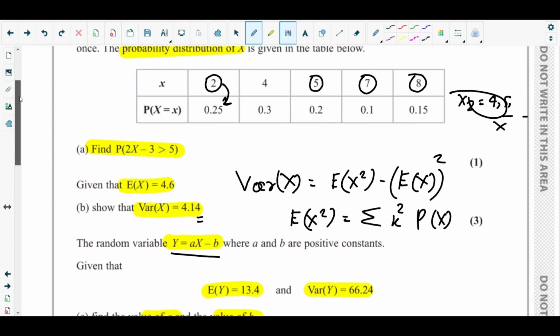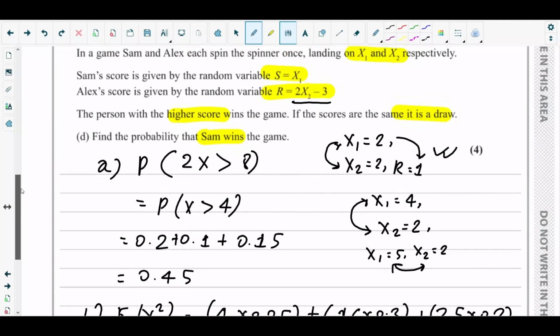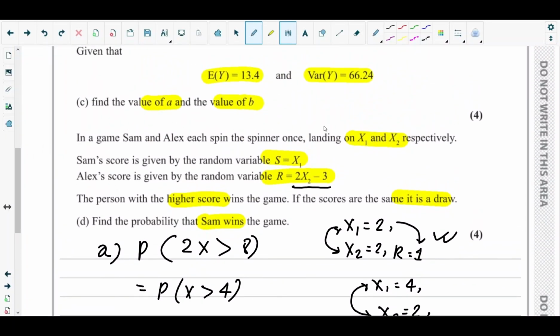Then x1 should be 7. If x1 is 7, x2 equal to 2 is definitely acceptable. 4 is also acceptable, because 4 times 2 is 8, minus 3 is 5. If you put x2 equals 4 into R, Alex's score, you will get 5, which is less than 7.